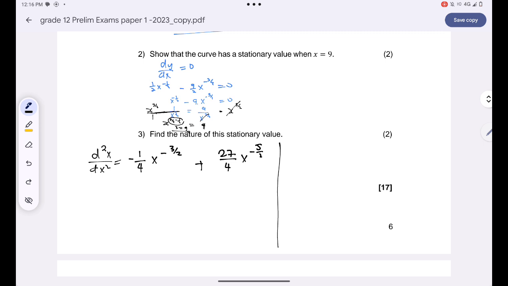That means this is an x value at minimum. All right, together. The second derivative at 9 is just equal to 1 over 54. So since the second derivative, guys, is positive, therefore 9 is an x value at minimum.